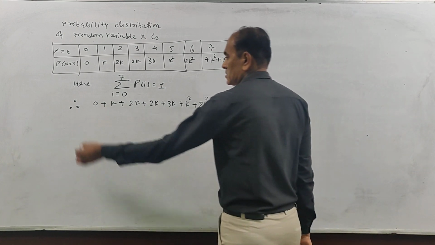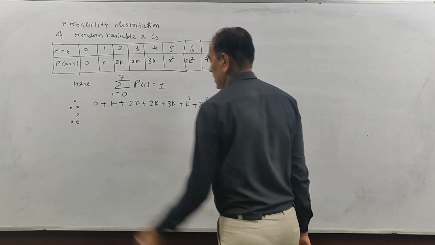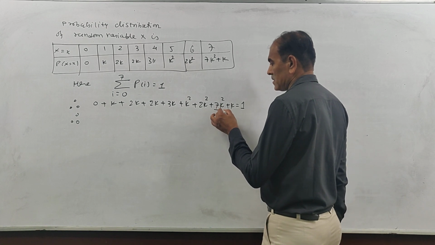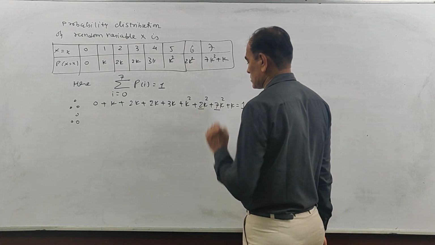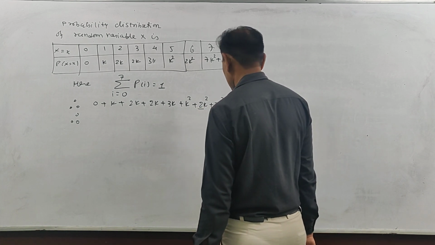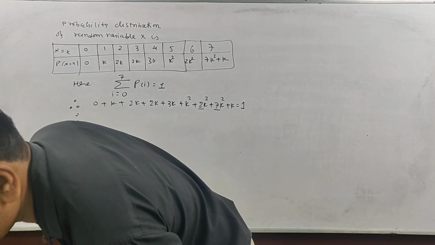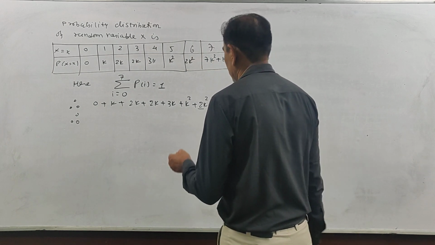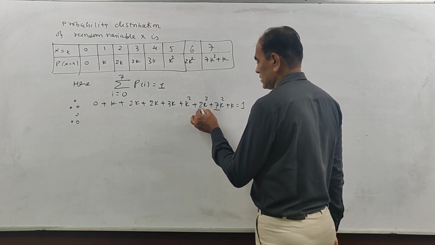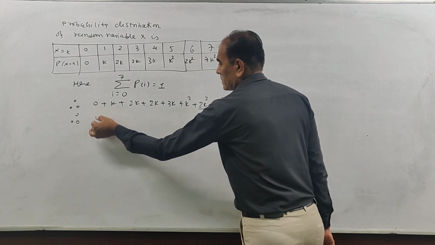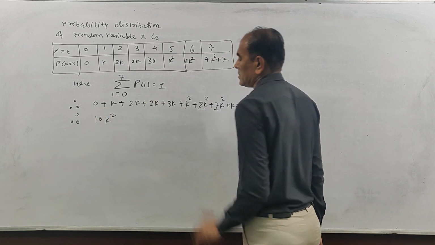Now add it or simplify it. 7K square plus 2K square plus K square gives 10K square.